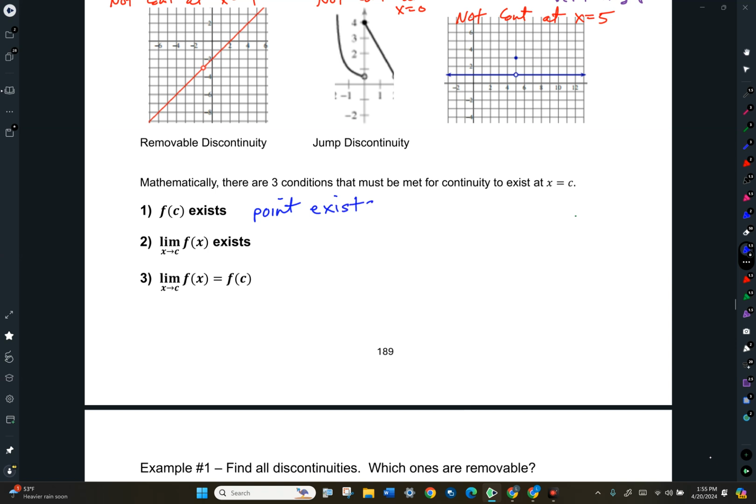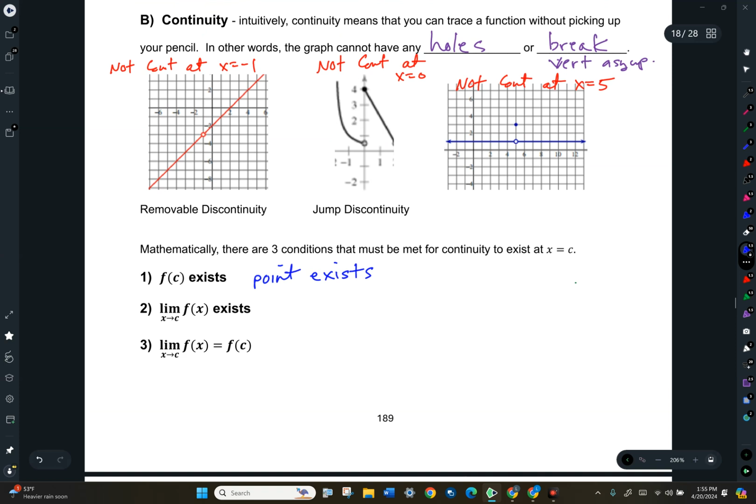When I look at that first graph, there is no point at x equals -1. Remember, if I'm looking at this on a calculator, I wouldn't even see that circle. I would just see a space in the graph. So what that means is f of -1 doesn't exist, or is undefined, however you want to say it.